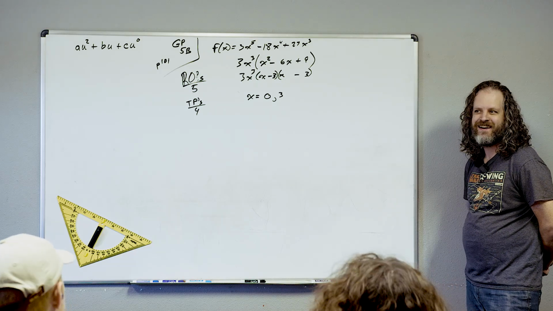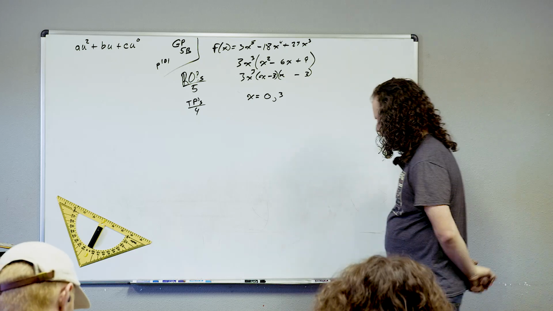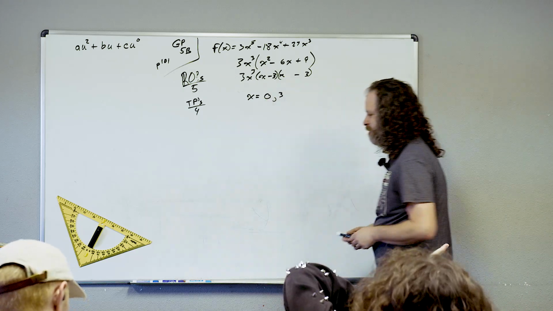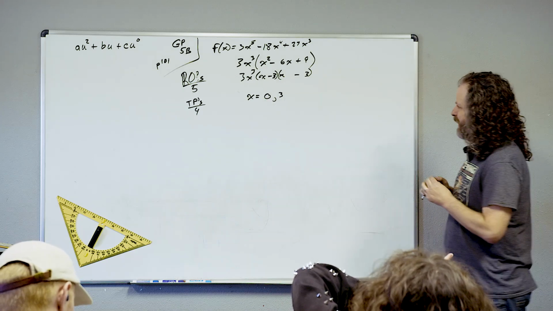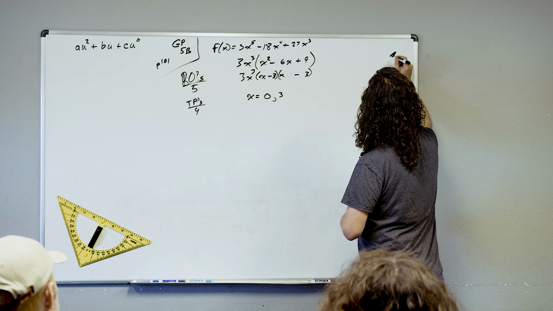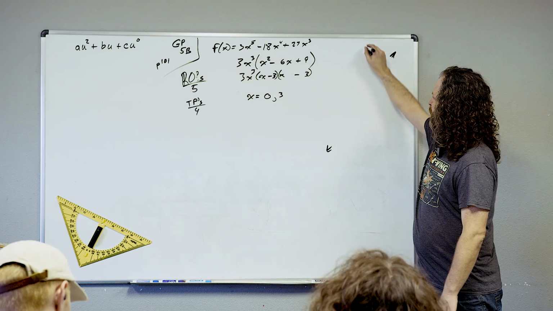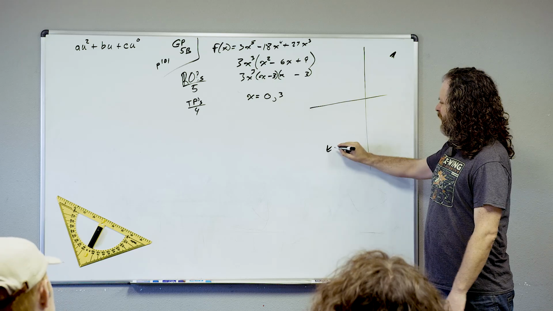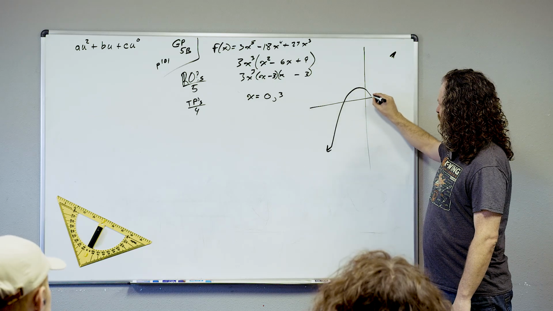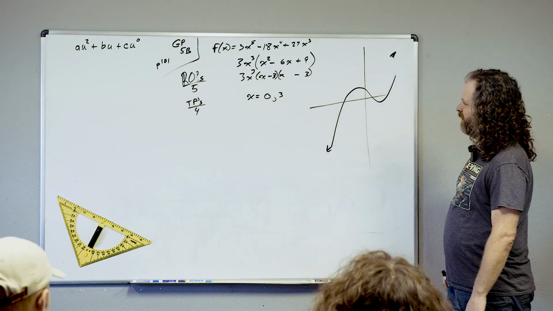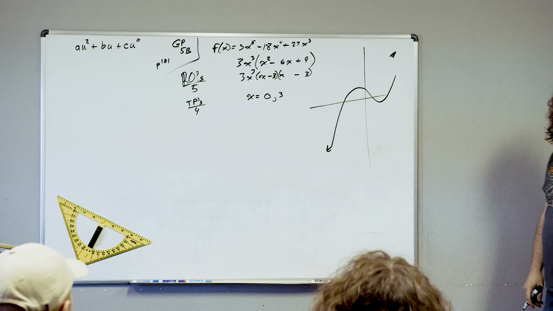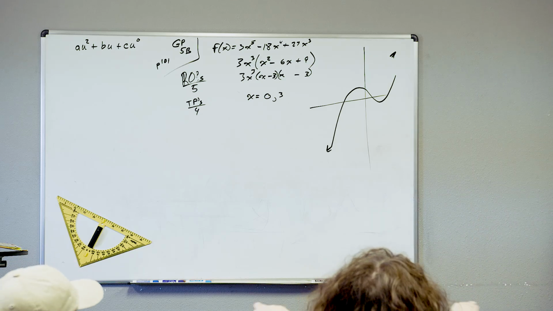That means it's going to go in different directions. It is positive. It's going to go like that. So it's going to go like this, right? On the end behavior. And yet somehow it has only 2 x-intercepts.